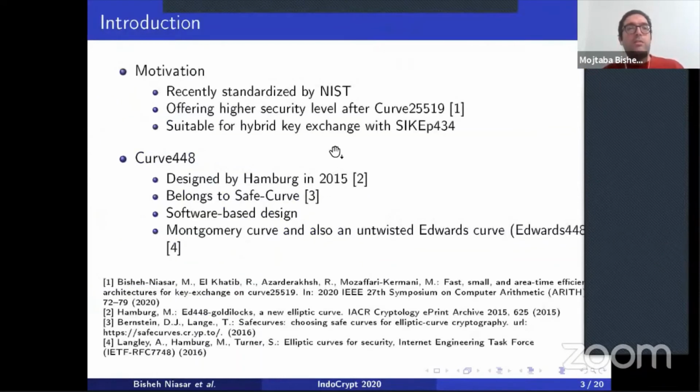Curve448 was standardized recently by NIST in 2019, and can offer a high security level, which is targeting our previous work. This curve is known as a suitable choice for a hybrid crypto system with some post-quantum scheme.